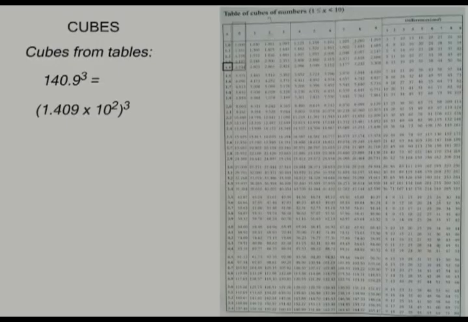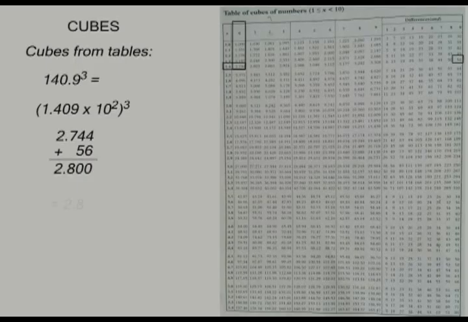They coincide here, and the number is 2.744. We look for 9 in the differences column. They coincide here, and the figure is 56. So we add that. The cube of 10 raised to power 2 is 10 raised to power 6.